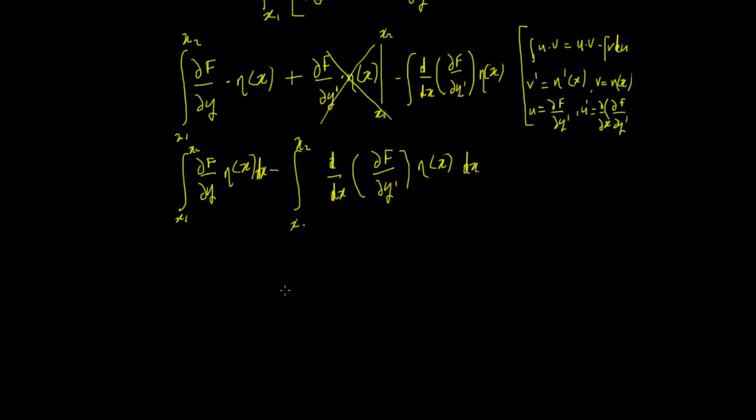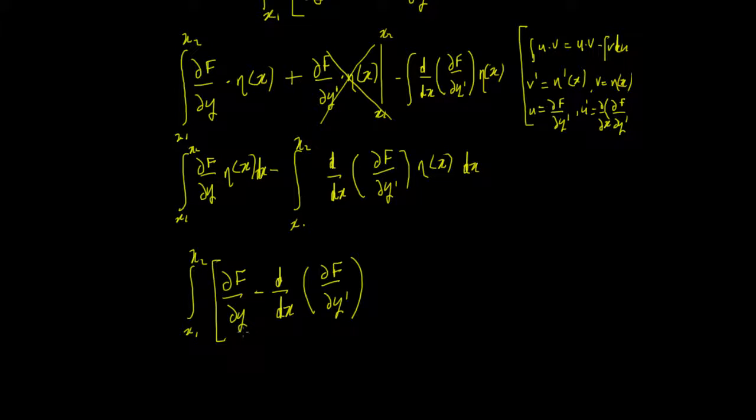Then you can bring these together, so you would have the integral from x1 to x2 of partial f by partial y minus d by dx of partial f by partial y derivative, all times the factor eta of x, all by dx, and we'll be making that equal to 0.